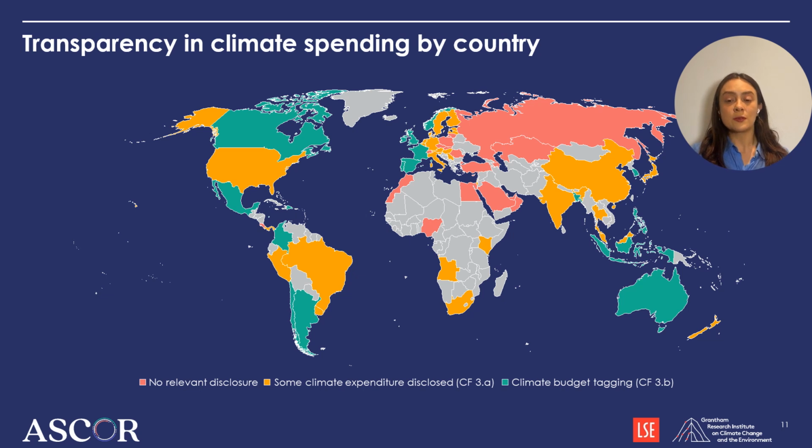As a summary, this map will show you in green the countries that have adopted a climate budget tagging methodology, in orange the countries that have some sort of climate-related disclosure within their budgets or in other documents. And in red, you will find the countries that don't have any type of disclosure.